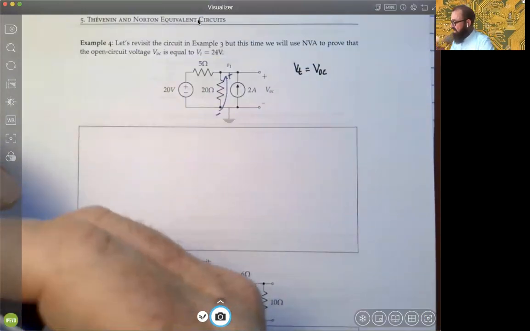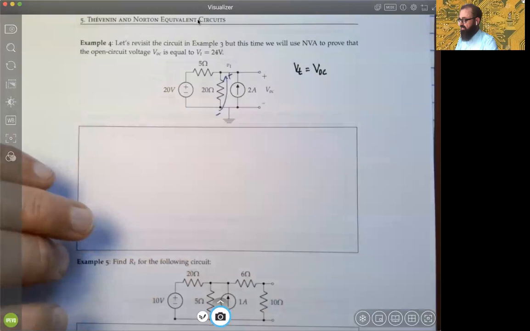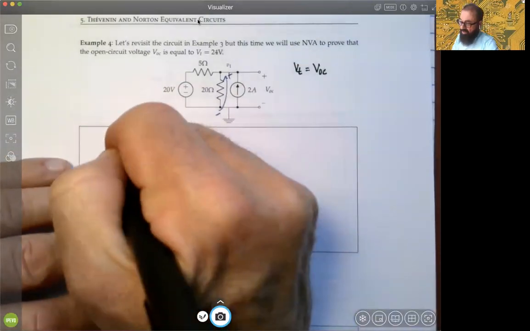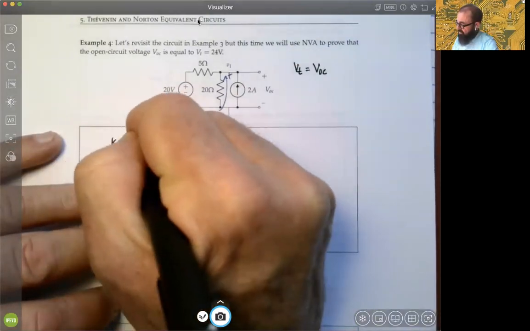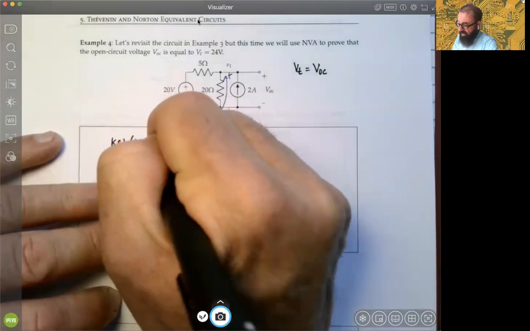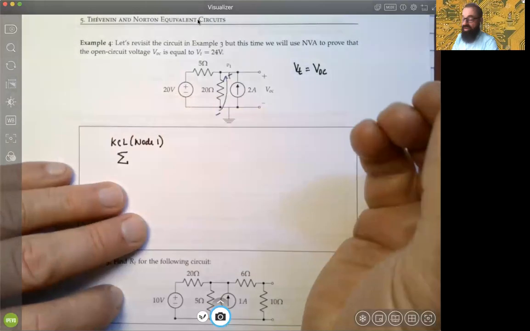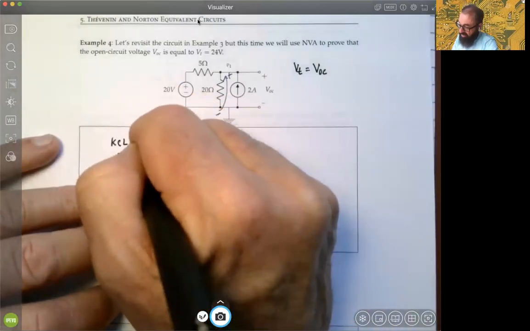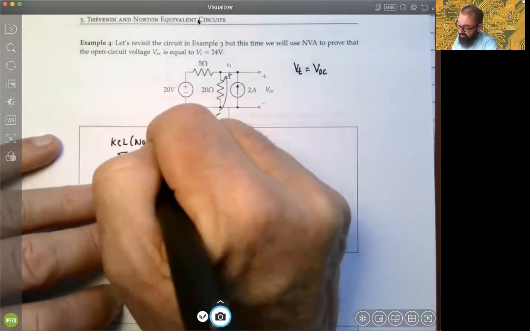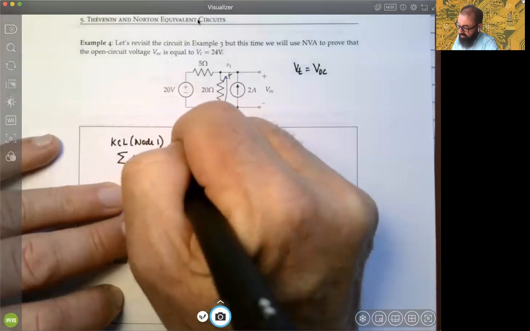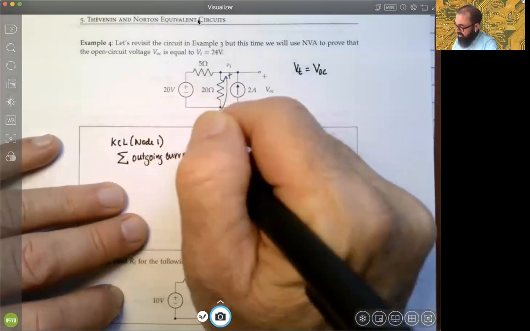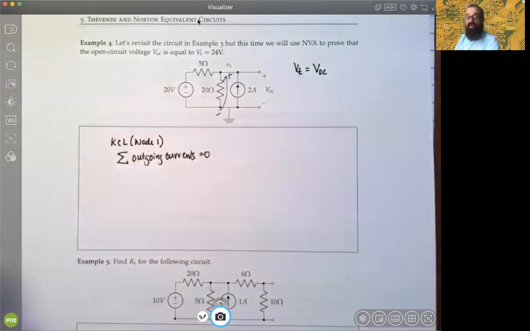We're doing MVA, so let's use that top node and do a KCL equation. Again, we're just verifying the answers that we've already gotten. Let's do this from the perspective of the sum of the outgoing currents. Yes, I switched pens; the other one was kind of dying on me. The sum of the outgoing currents is 0.